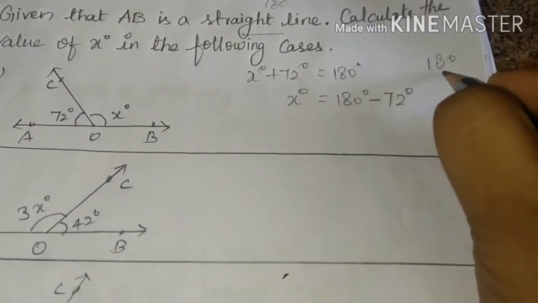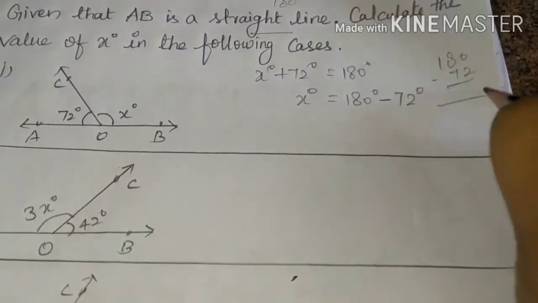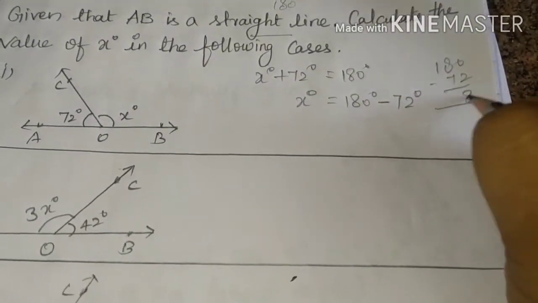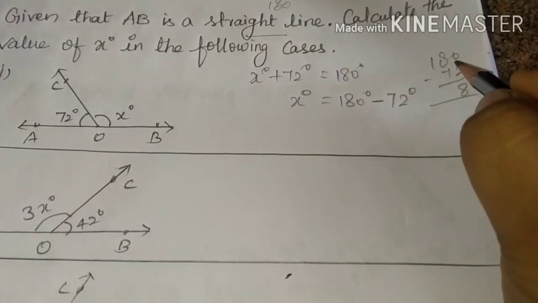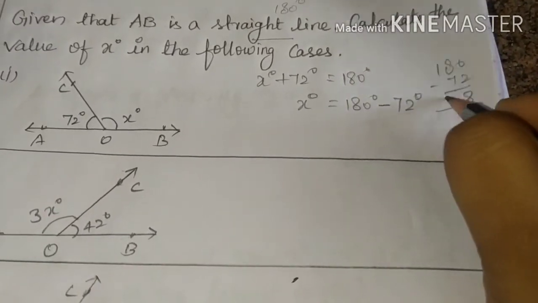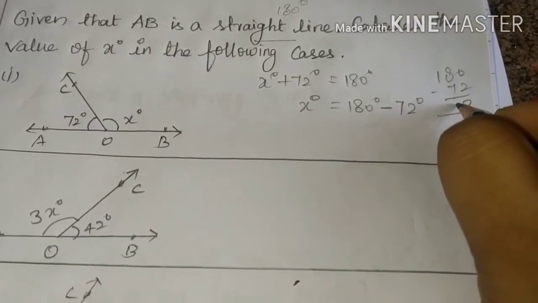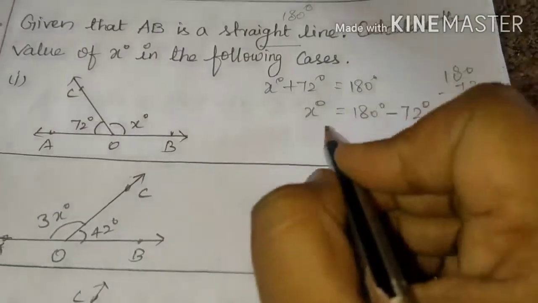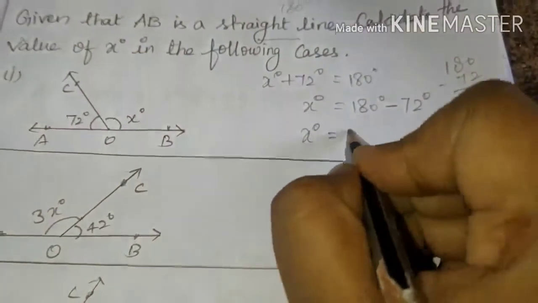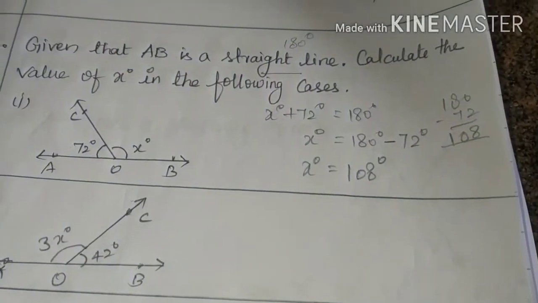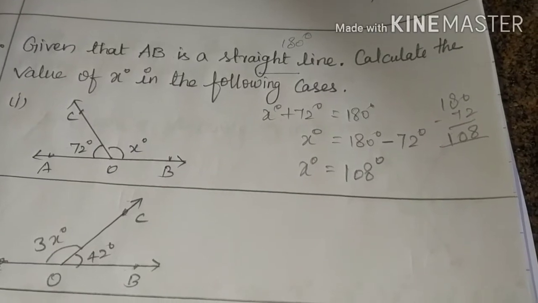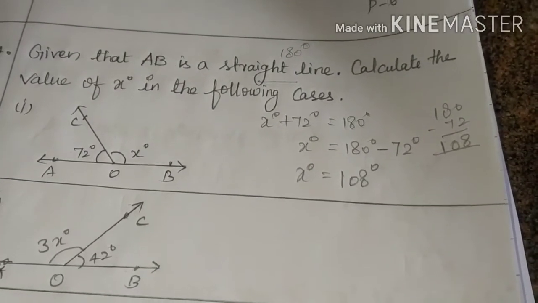So 180 minus 72, what will come? 10 minus 2 is 8. 17, so 7 minus 7 is 0, 108 degrees. So x degrees equals 108 degrees. Have you understood, children?